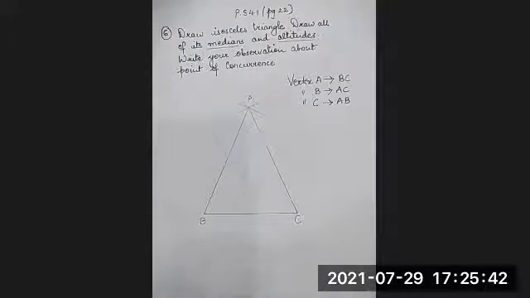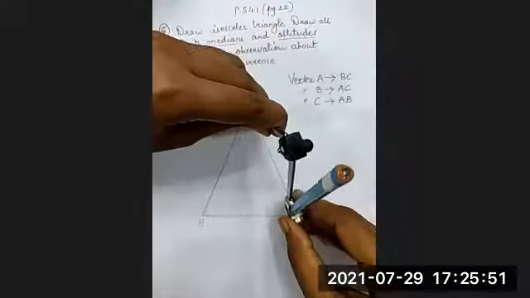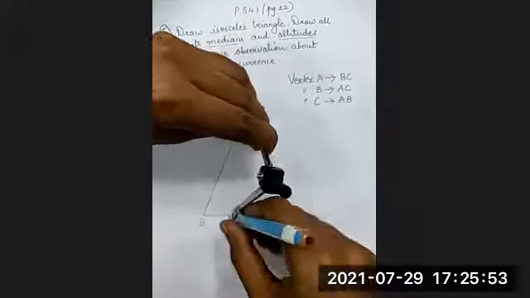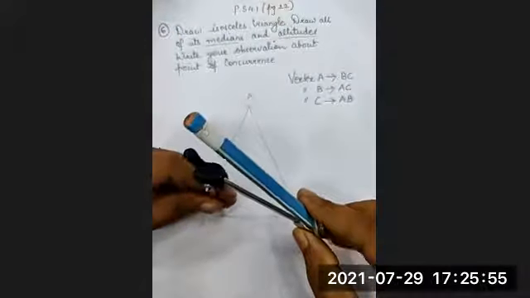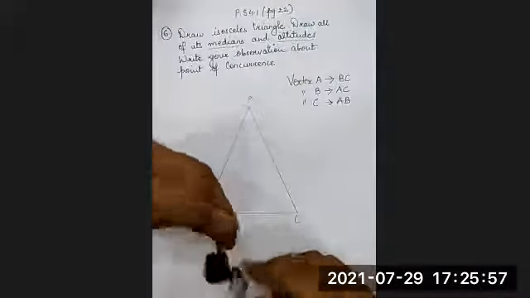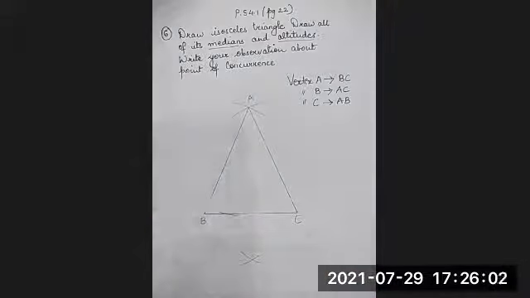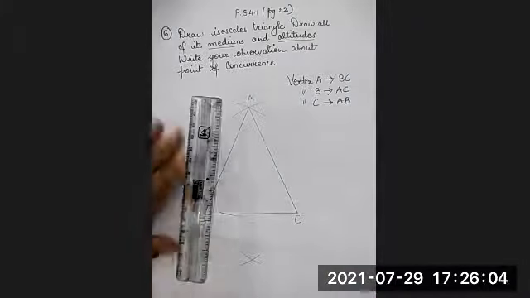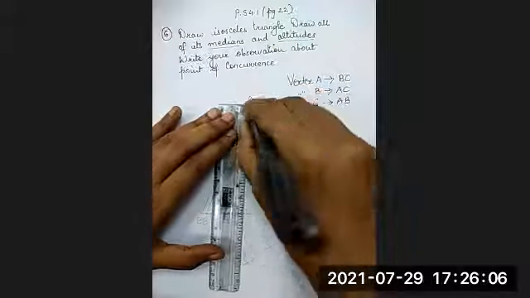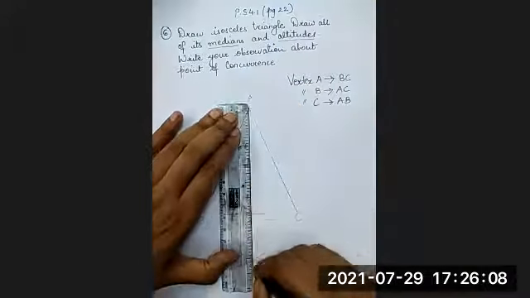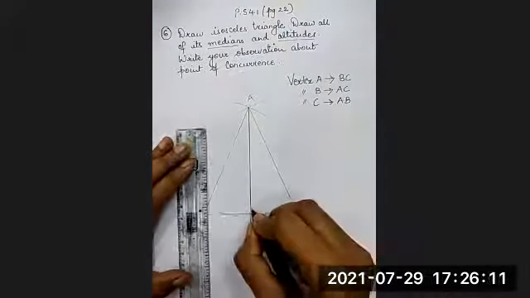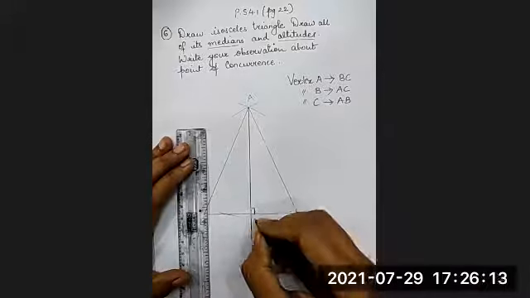So we will first begin with altitudes. We take vertex A first. So from A, I'll make an arc on the opposite side and draw an altitude, that is the perpendicular. So this is my first altitude. I'll name this as point D.